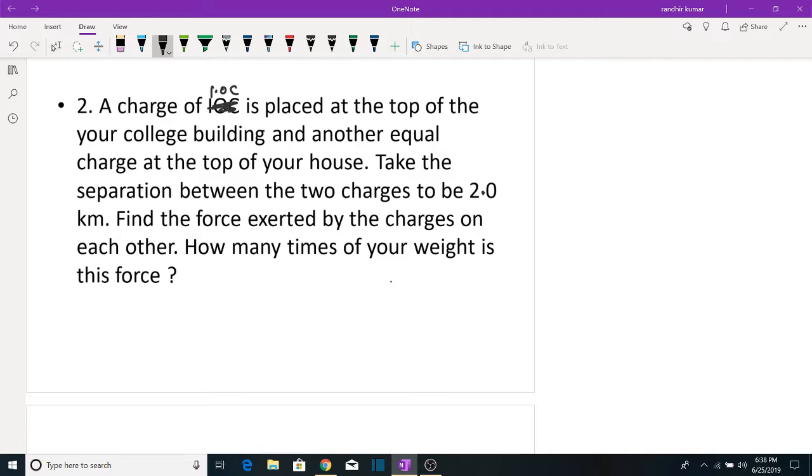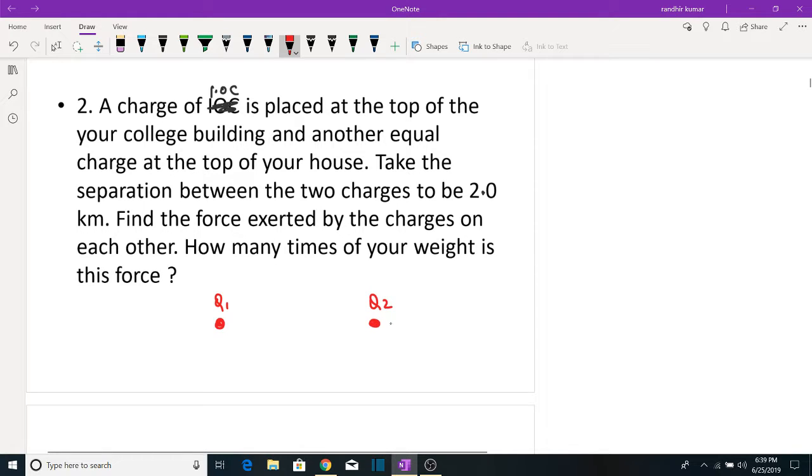According to the question, we find the force exerted by the charges on each other. So apply Coulomb's law. Let the two charges at the top of your college building and the top of your house be Q1 and Q2.